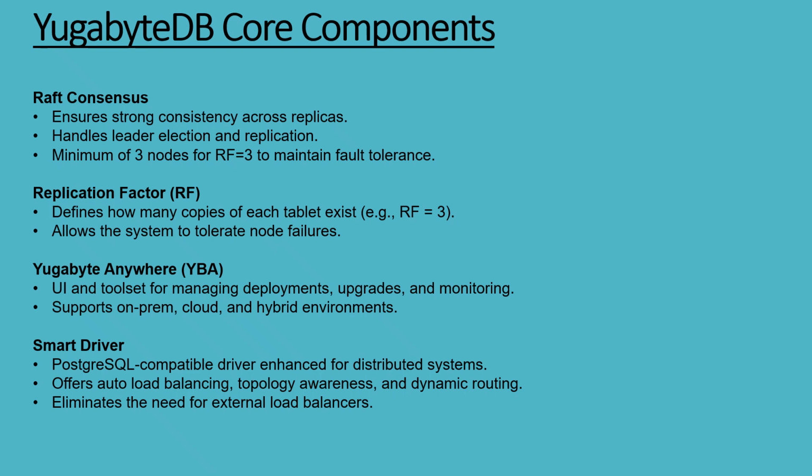All write operations go through the leader, which replicates the changes to the followers. Only after a majority of replicas confirm the operation is it considered committed. This ensures that data is never lost even if a node fails. If the leader node goes down, the remaining nodes in the Raft group automatically elect a new leader, keeping the system highly available without human intervention.